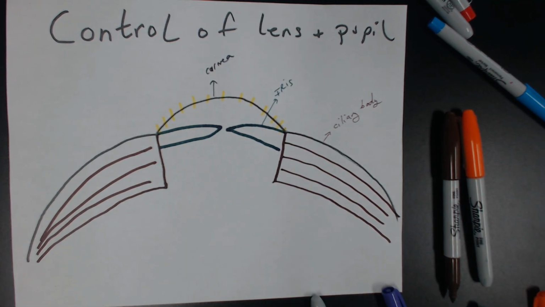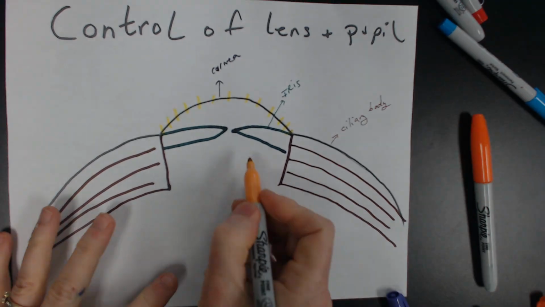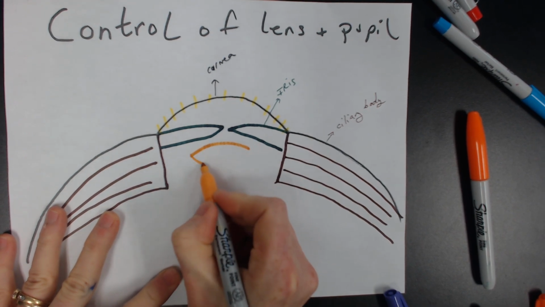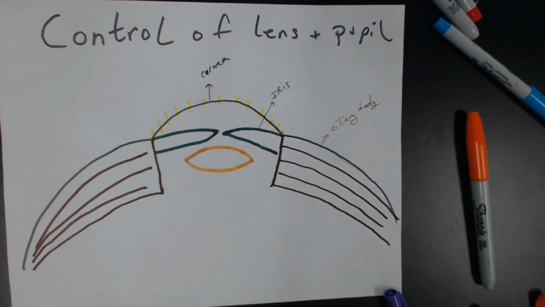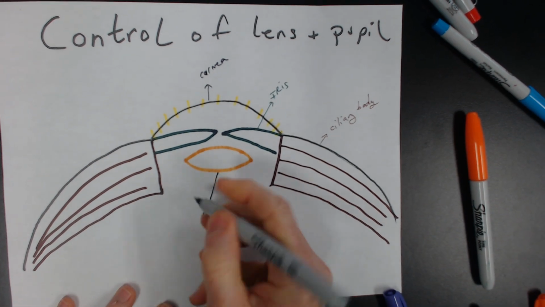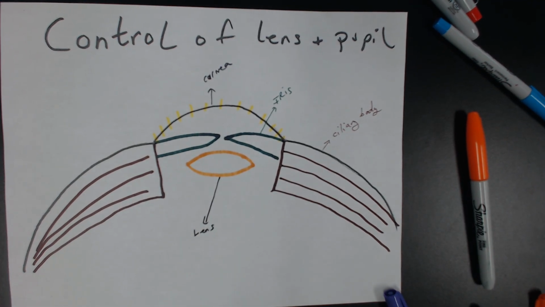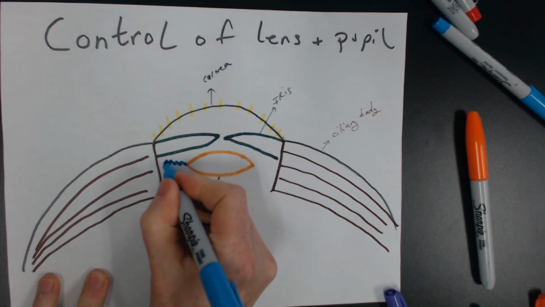Nothing more than what we've just drawn. I think my lens was orange, so I'll keep it more like a pale orange. And then the lens of the eye is going to sit right back here. Okay, and attaching the lens of the eye to the ciliary body is going to be your suspensory ligaments.